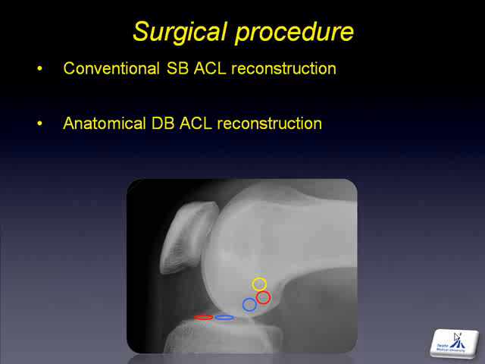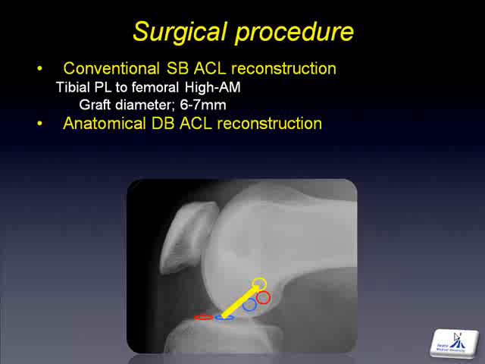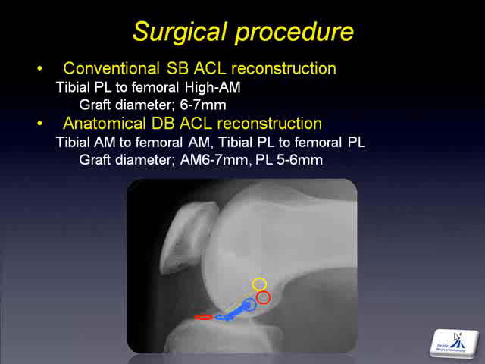Conventional single-bundle ACL reconstruction was performed using the tibial PL to femoral high AM, and double-bundle reconstruction was performed using each original tunnels.